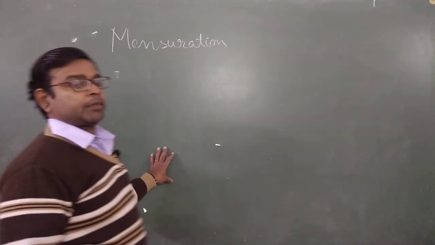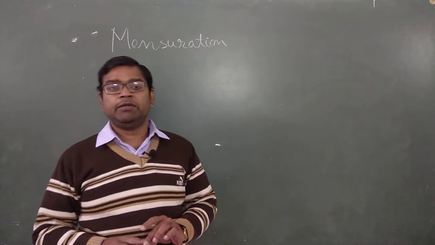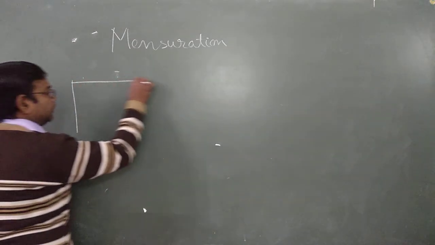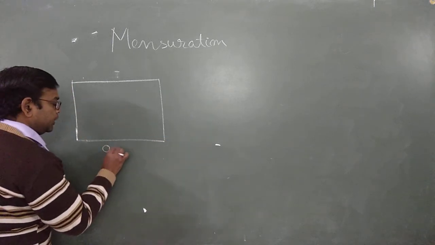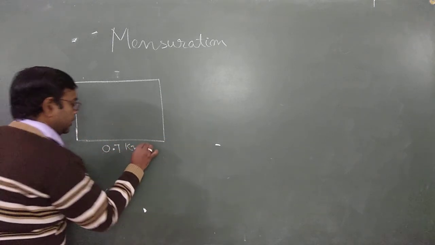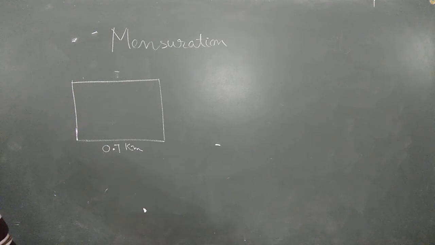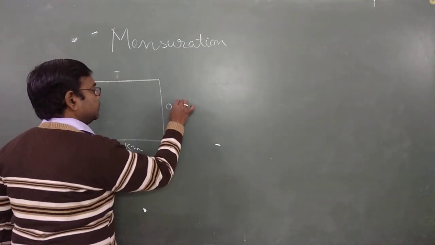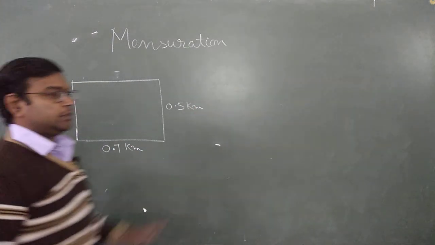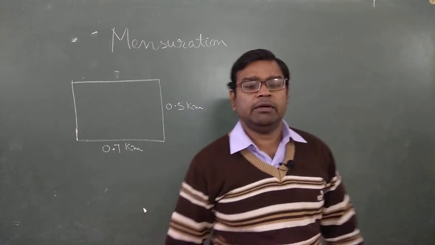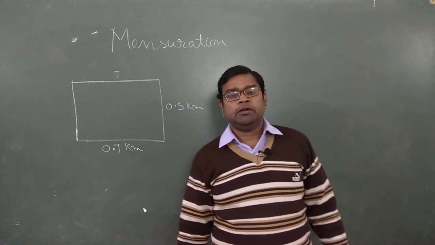In this question, there is a rectangular piece of land having length 0.7 kilometer and breadth 0.5 kilometer. Many of you have a plot or piece of land and you have to fence it.